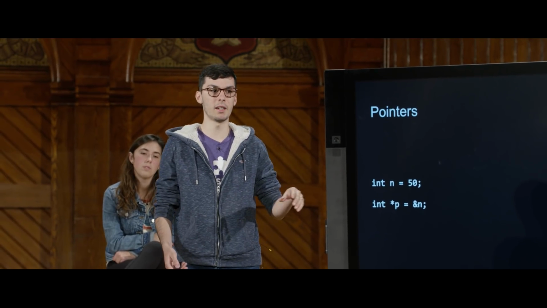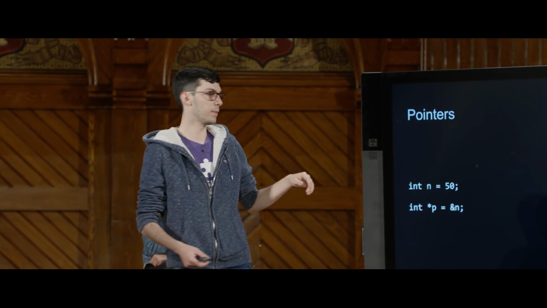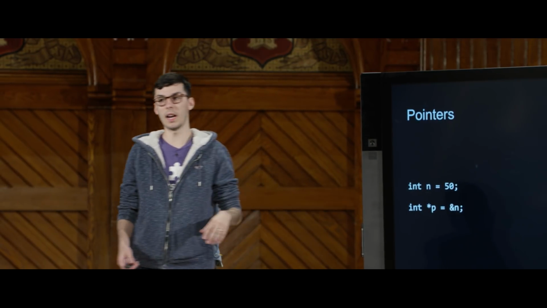So if I say char array of size whatever, and I set that to Emma, or I ask for memory dynamically to store the size of the string Emma, and I set int star p to be that, then I can access all the characters in the string essentially the same way.